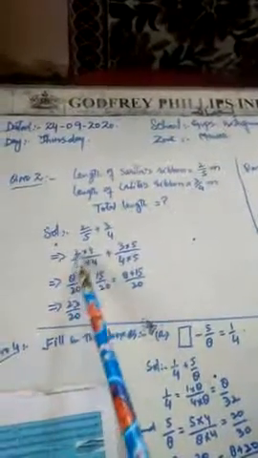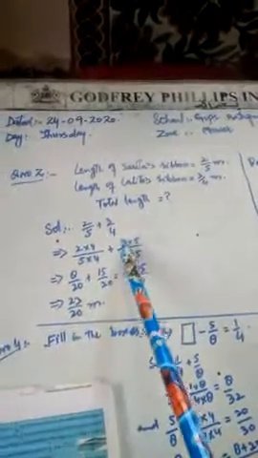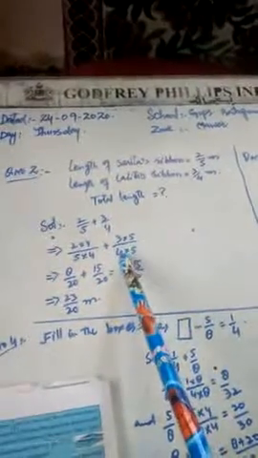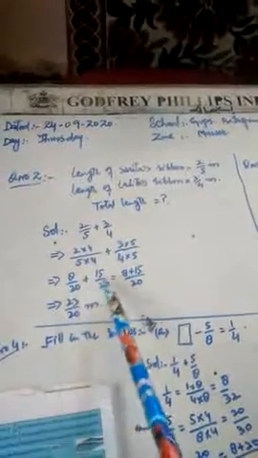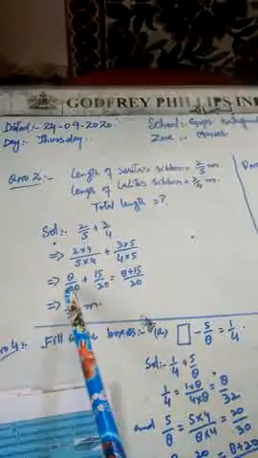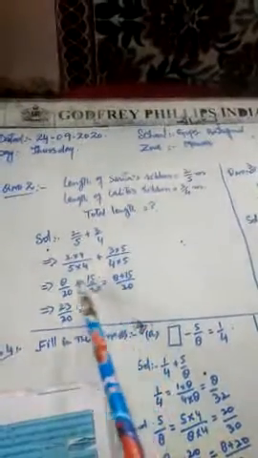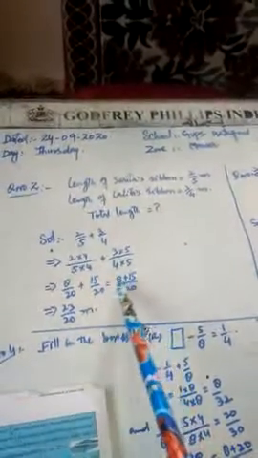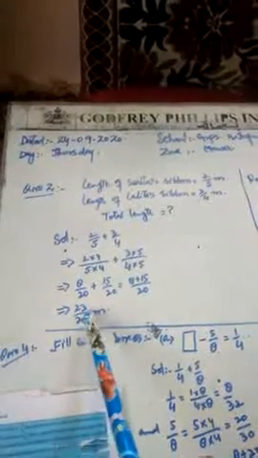It will become 2 4s are 8, 5 4s are 20, plus 3 5s are 15 over 4 5s are 20. Now these are equivalent like fractions. Retaining the same denominator and adding the numerators, it will be 8 plus 15, that is 23 by 20 meter. It is the total length of the ribbon.